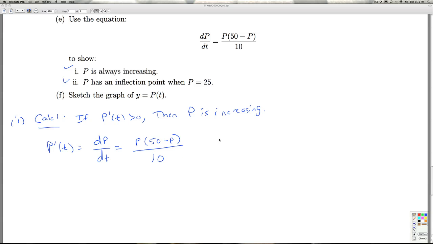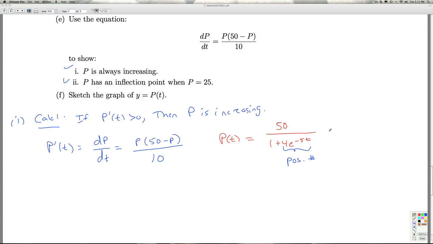Now, if we go back and look at the original formula for P of t, we note that for any value t, e to the negative 5t is a positive number, and hence 4 times e to the negative 5t is also a positive number.